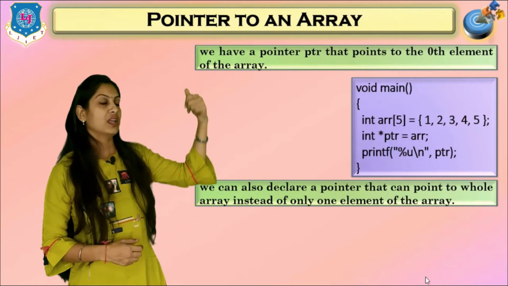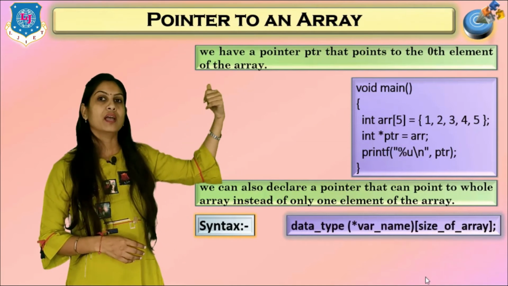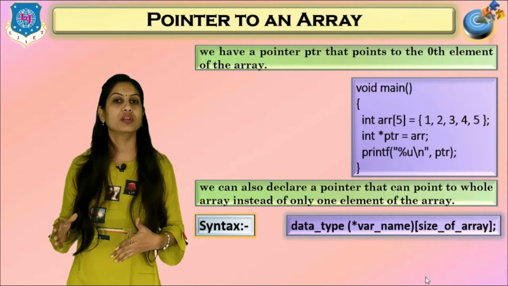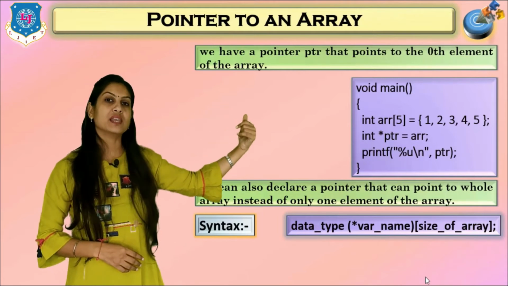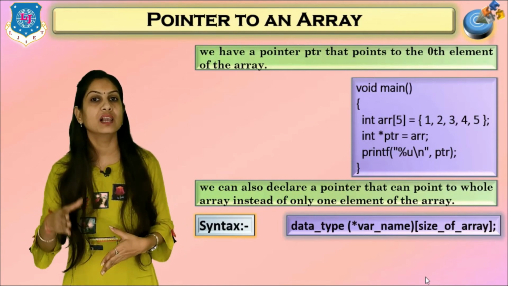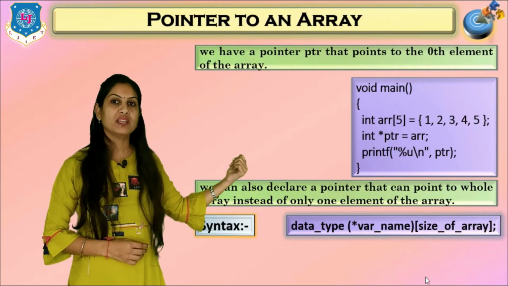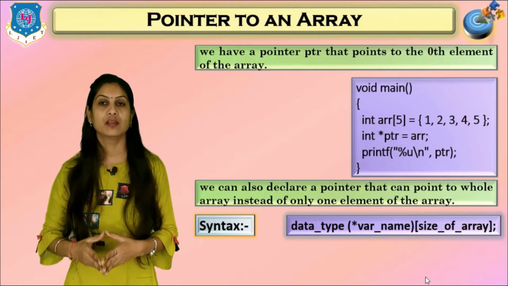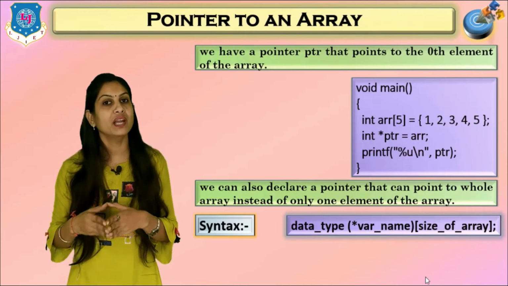So here I am taking one simple example of pointer and array, that is void main, and inside it integer array 5 having 5 different values 1, 2, 3, 4, 5, and then we are declaring our pointer integer star ptr equals array. So here ptr points to only a single element of array, and then print the address of ptr using printf %u and then ptr. So what happened, the first address that is stored in ptr will be displayed.